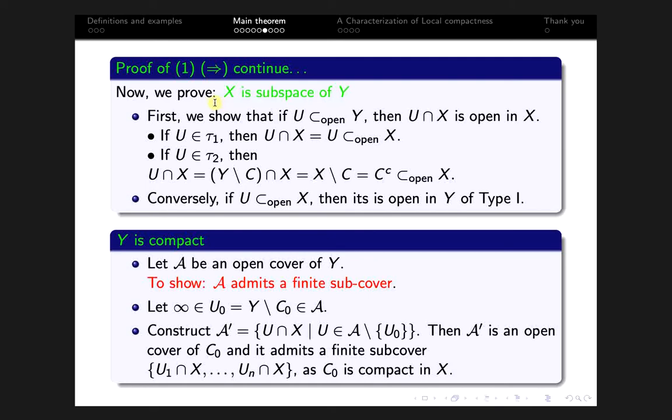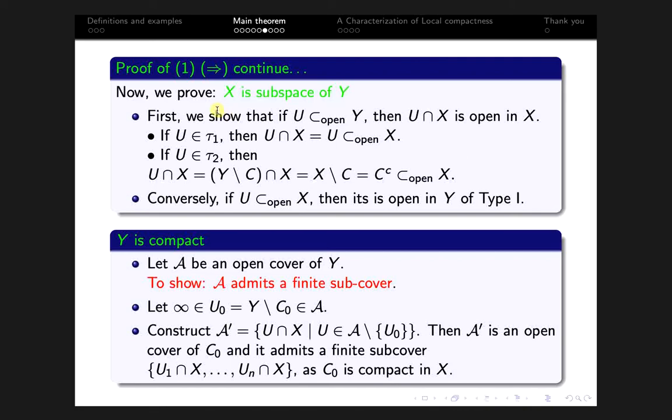The first condition is that X is a subspace of Y. So basically we have to show that if U is open in Y, then U intersection X is open in X. If U is open in Y, it means U belongs to tau Y, that is, U either belongs to tau 1 or U belongs to tau 2.